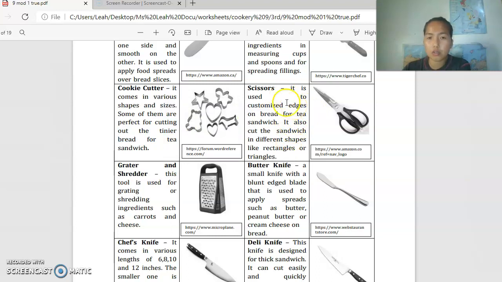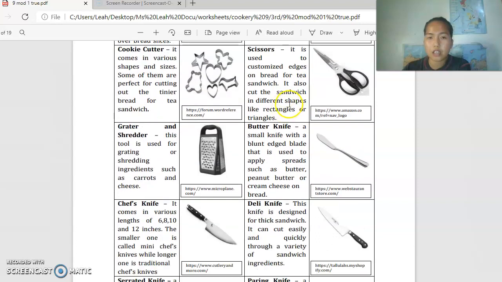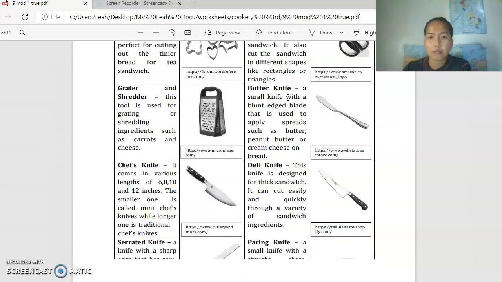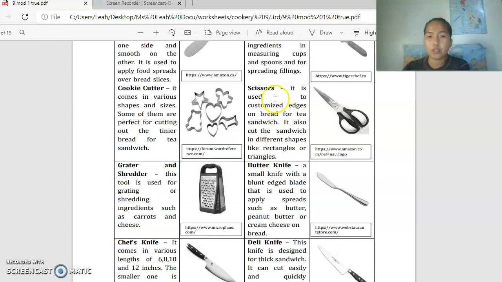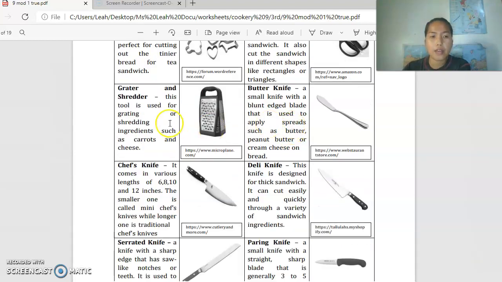Sometimes it is also used in cutting the edges, but we also have a bread knife for cutting the edges. We have here the grater and shredder used for shredding ingredients like carrot, cheese, chocolates.